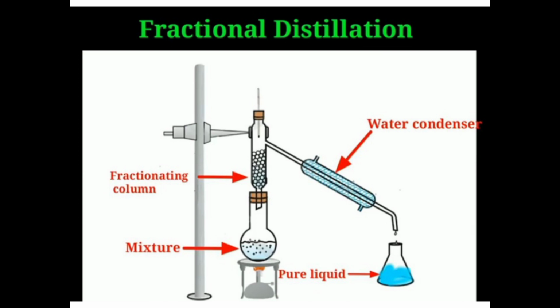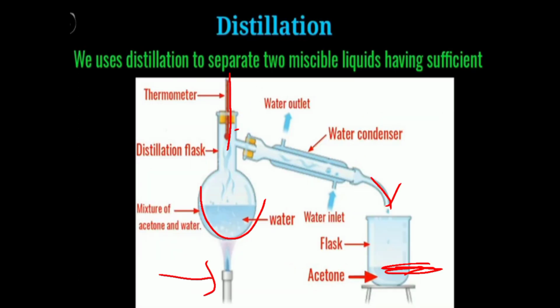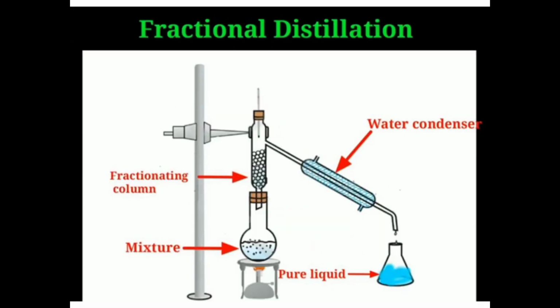Here we separated two miscible liquids, but if the miscible liquids are more than two, then we can separate them through fractional distillation. That's why it is a little bit complex technique. For example, if we want to separate different gases from air, as we know that air consists of different gases, then we can use this technique.